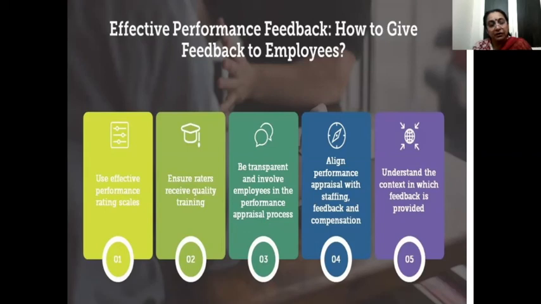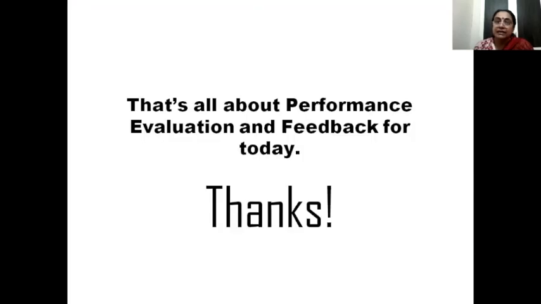That this is when we are going to be evaluated, and if we come up as doing really good work, then it's going to show up in the way we are compensated. And finally, we must understand the context in which this feedback is provided. It has to be constructive feedback, and that's how it's really going to help the performance of employees, and it's going to be definitely mutually beneficial to both the employees and the organization as well.